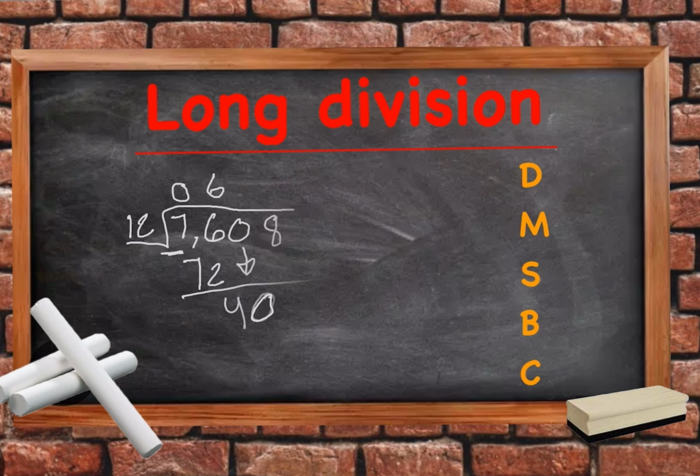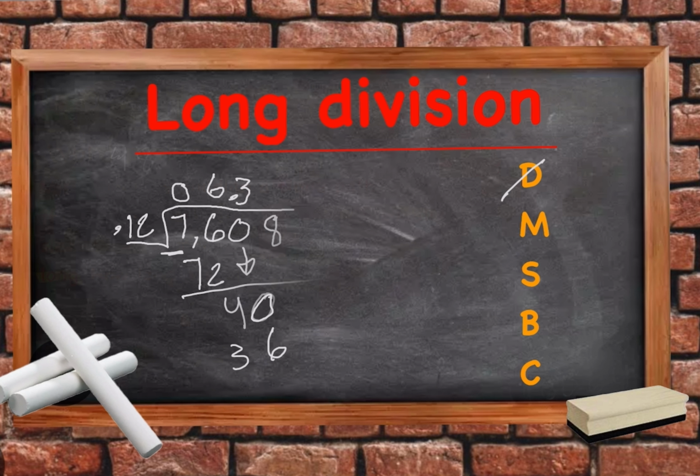So let's align that 3 over the 0. Now we have to multiply 3 times 12, so 3 times 2, which is 6, and 3 times 1, which is 3.